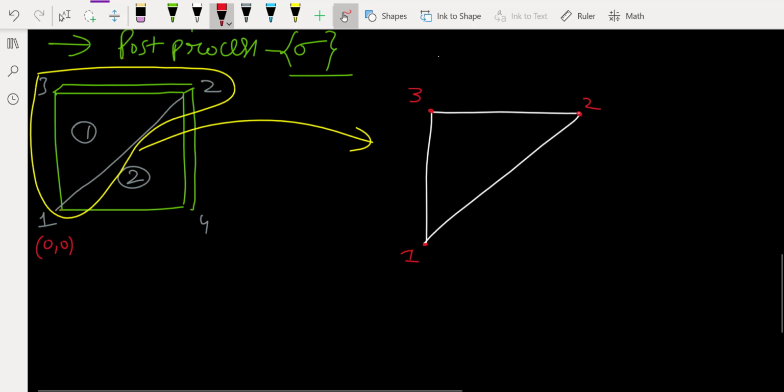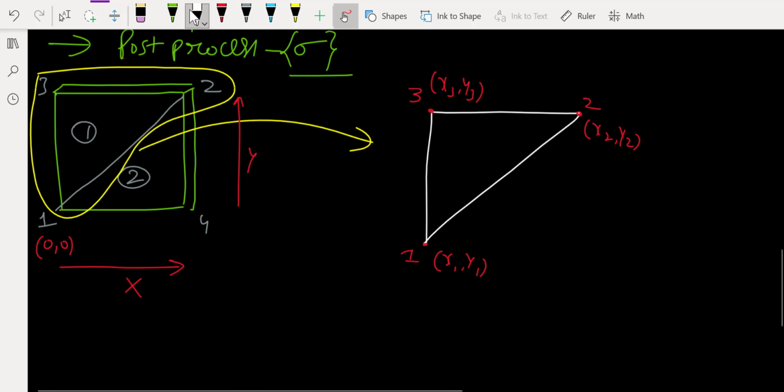Coordinate means x and y values. So we have to find out x1, y1, x2, y2, and x3, y3.